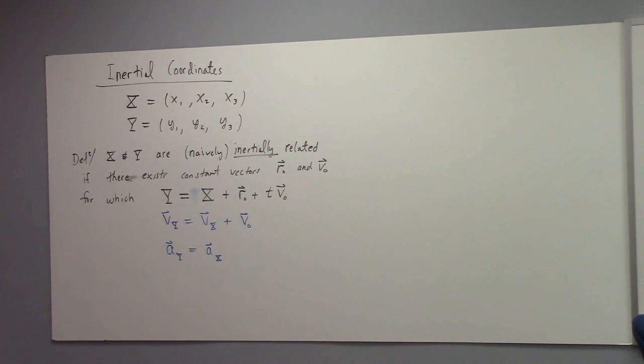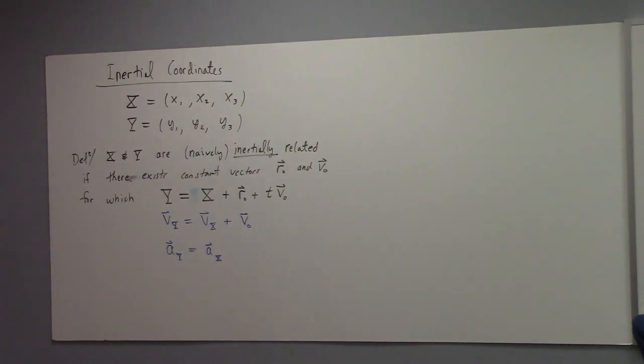So if two coordinate systems are inertially related, and you study the motion of a physical body, what has to be true for both? If we're talking about unrotated coordinate systems, okay, then it must be the case that the accelerations are equal. All right?